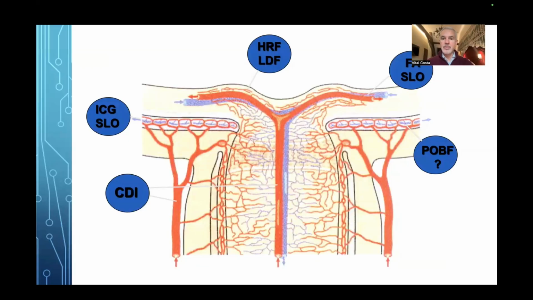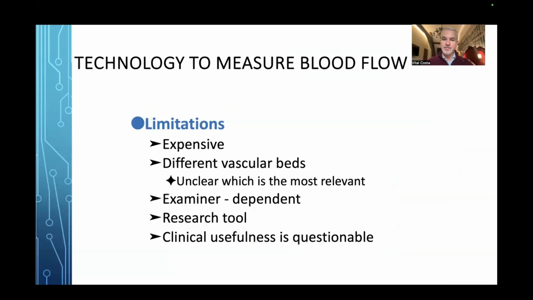So the HRF and the LDF can measure the retinal circulation. The ICG and the scanning laser ophthalmoscope can measure the choroidal circulation. Color Doppler imaging can measure the retrobulbar circulation.